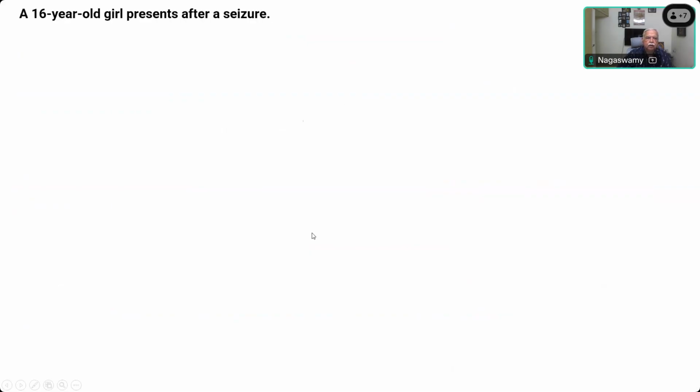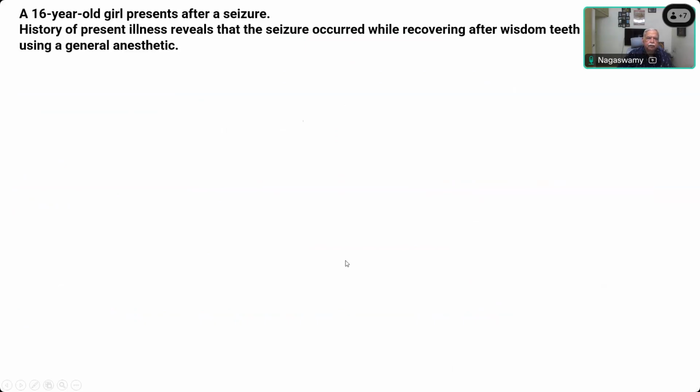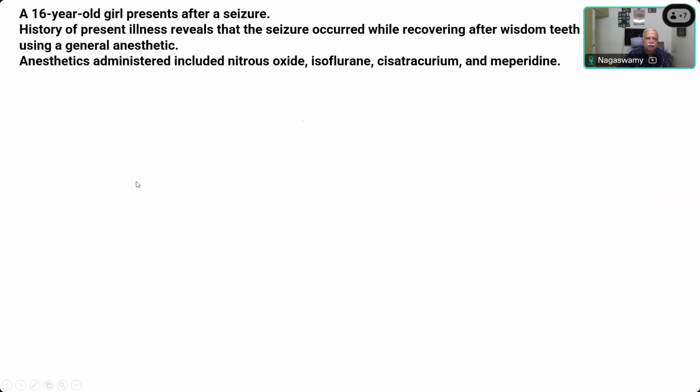Now, a 16-year-old girl presents after a seizure. History of present illness reveals that the seizure occurred while recovering after a wisdom tooth extraction under general anesthetic. Anesthetics administered include nitrous oxide, isoflurane, cisatracurium, and meperidine, that is pethidine.